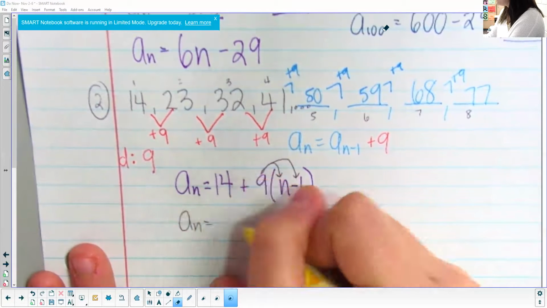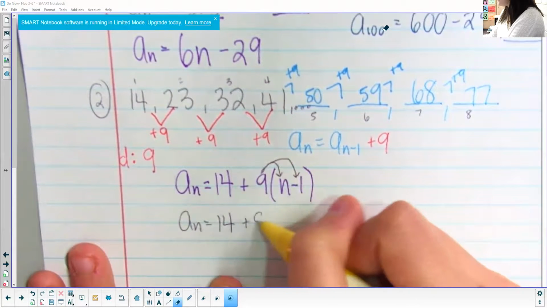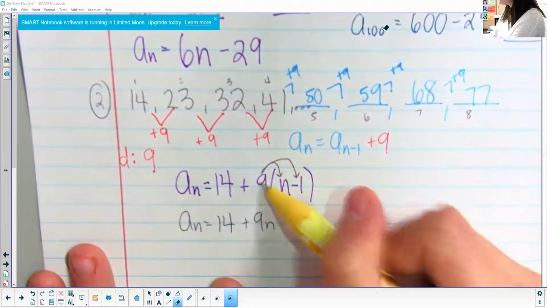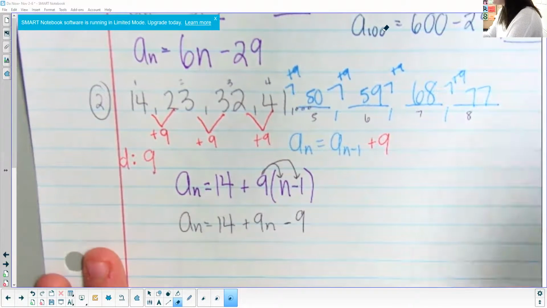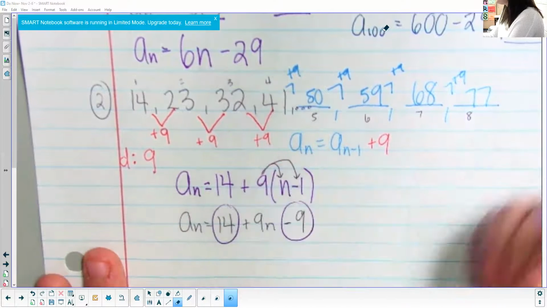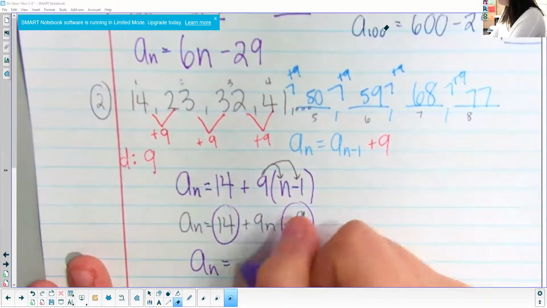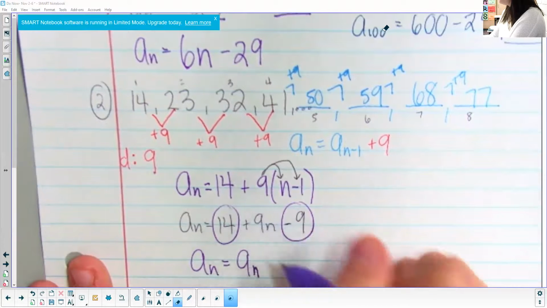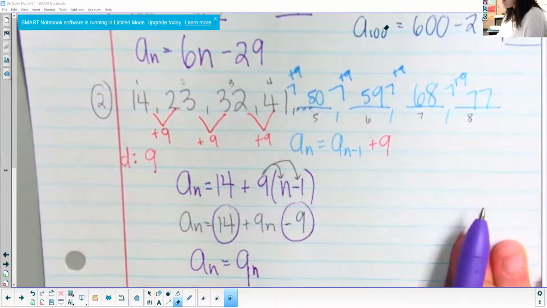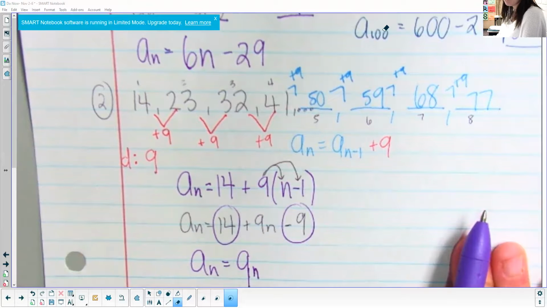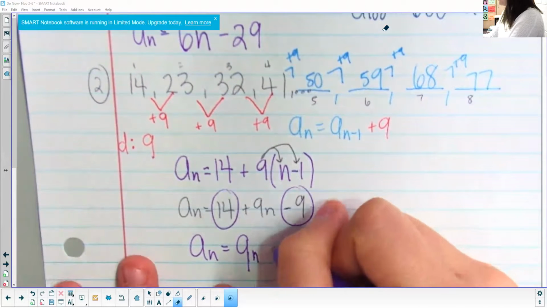A sub n is equal to 14, 9 times n is just 9n, 9 times negative 1 is negative 9. The only 2 things here that I can combine are 14 and negative 9. A sub n is going to equal 9n. 14 minus 9, always go behind yourself and use your calculator, 14 minus 9 is 5, plus 5.